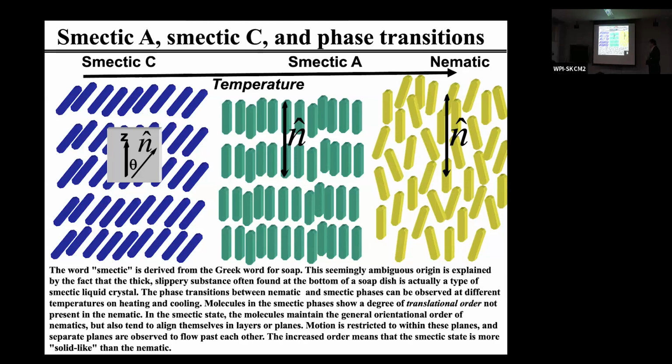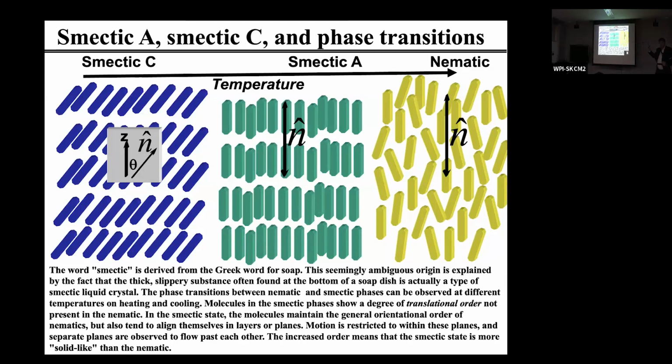And you heat it even further, it goes to nematic state, where there is no one-dimensional positional ordering, right? Only orientational ordering left. And you can already guess what happens as you increase temperature even further. It will go to fully isotropic state.